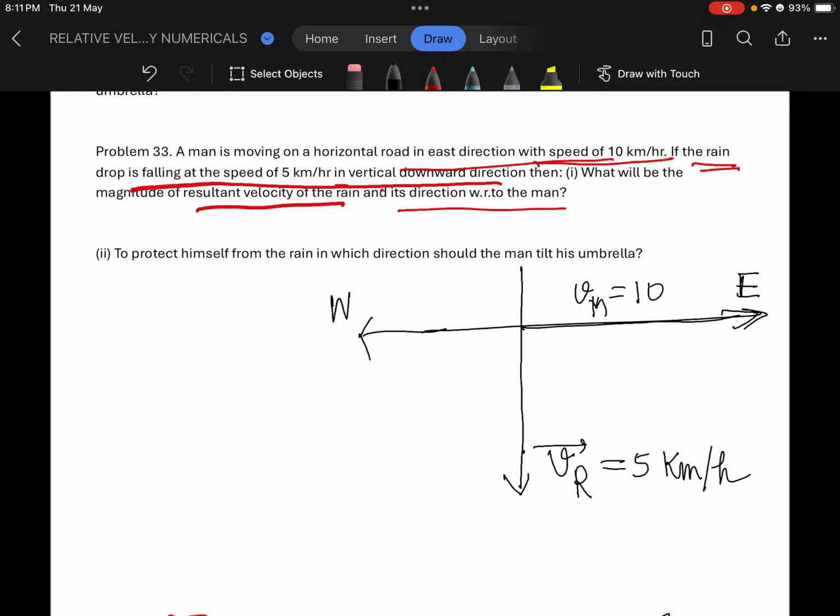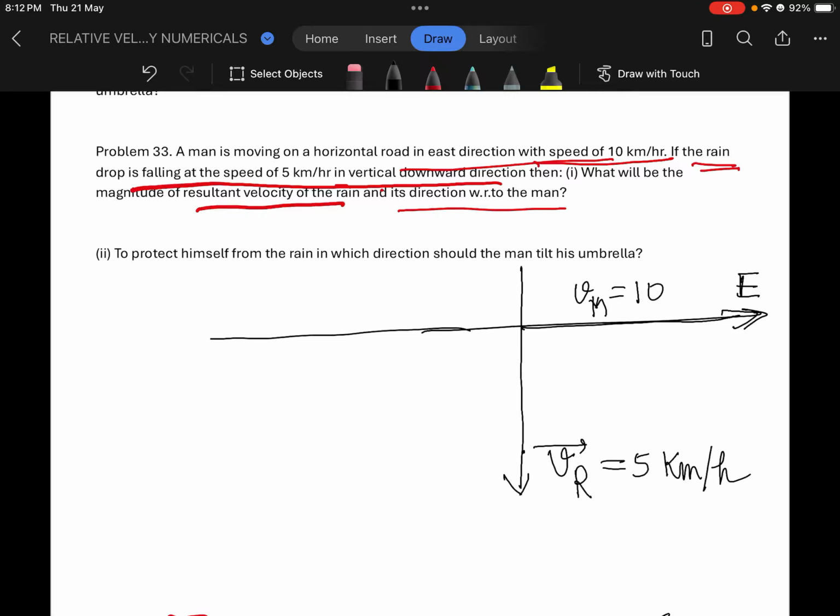VM equals 10. So here you have to find the relative direction of rain with respect to man. What will be the magnitude of the velocity of the rain and its direction with respect to man?